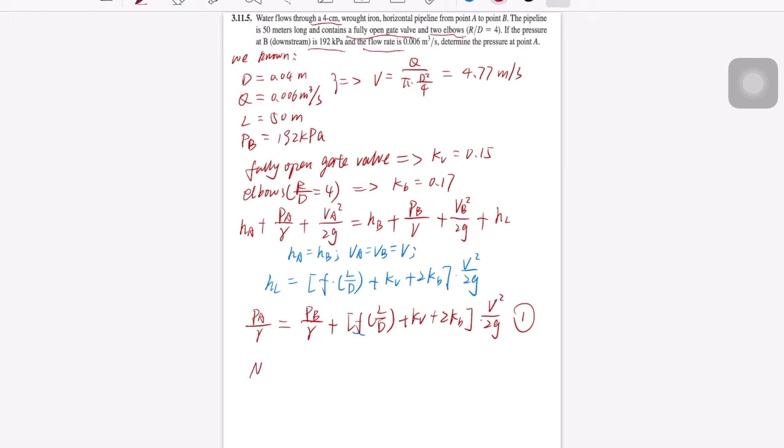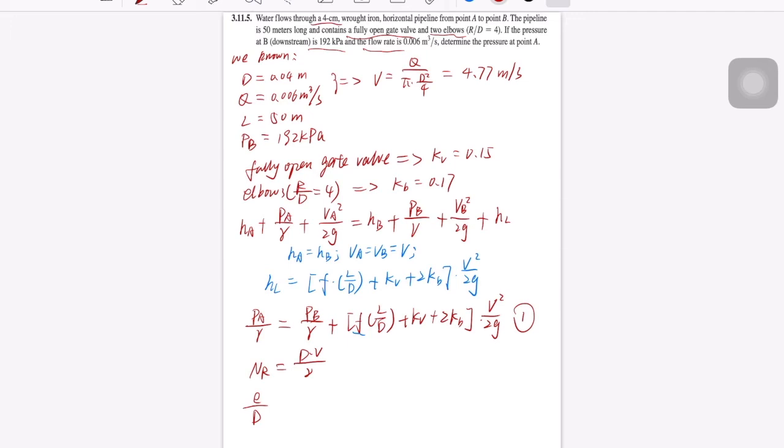Reynolds number and the relative roughness. Reynolds number equals D times V divided by kinematic viscosity. The problem doesn't tell us the temperature of the water, so we always assume that the water is 20 degrees Celsius.